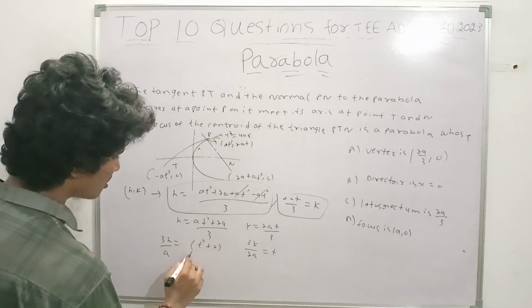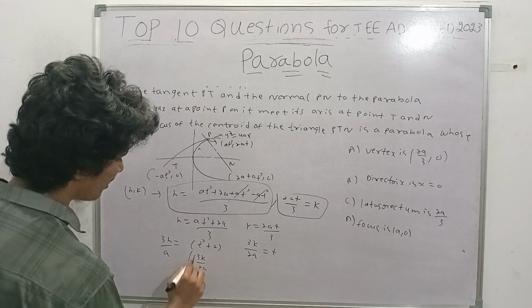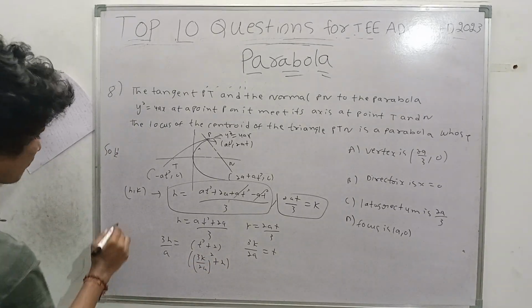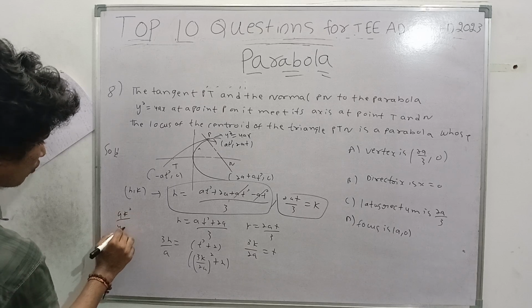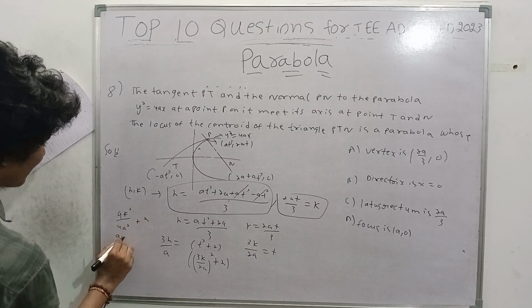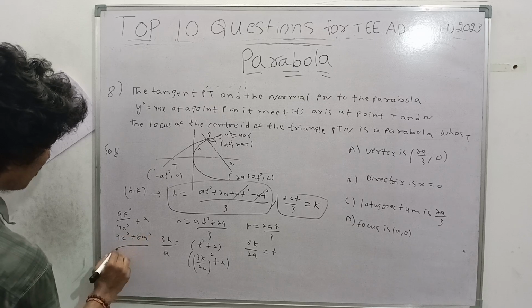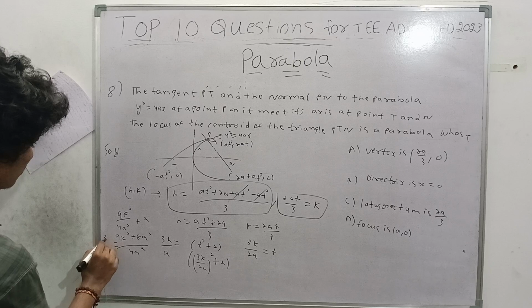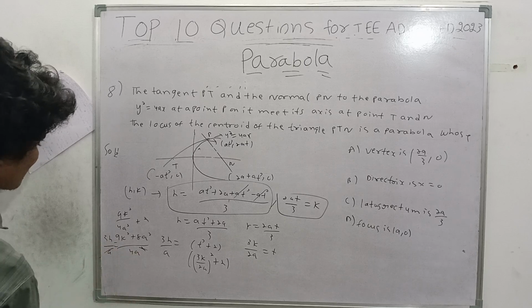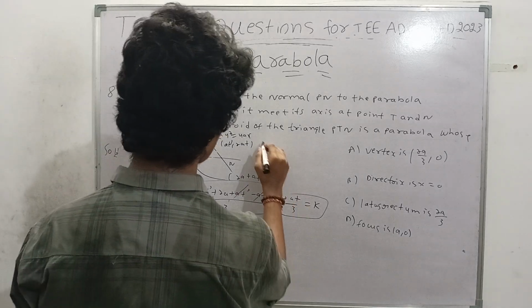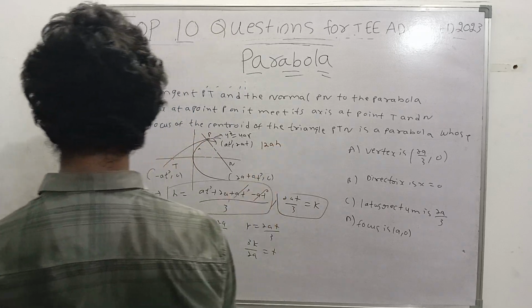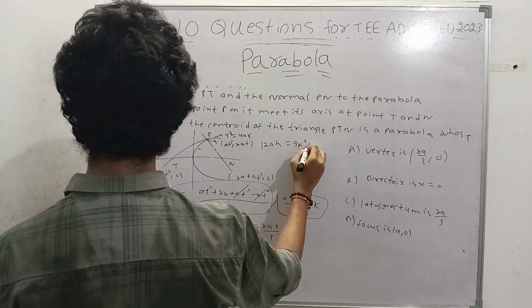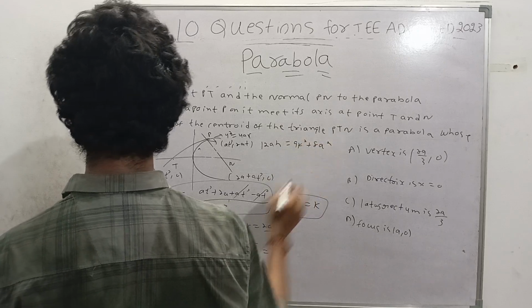What is t square? T square is (3k by 2a) whole square, plus 2. What is (3k by 2a) whole square? It will be 9k square divided by 4a square, plus 2. So it will be (9k square plus 8a square) divided by 4a square. On the left side it will be 3h by a, and a gets cancelled, so 12ah equal to 9k square plus 8a square.